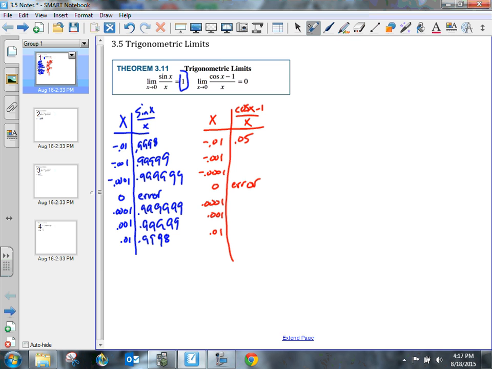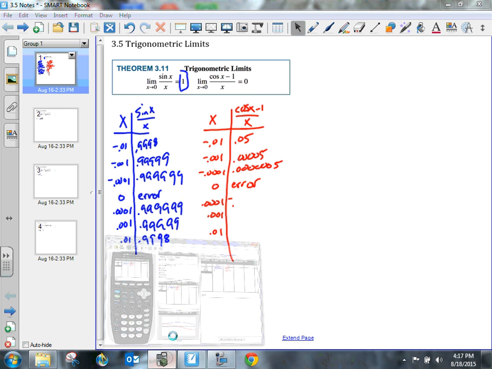Same thing is going to happen here. If I plug in all these values, I'm going to get 0.00005, and so on. The numbers get really, really small. They get really, really close to 0. As we approach 0, we have an error at 0. But as we approach, we're getting really close to 0. And the same thing over here. I believe this is negative.